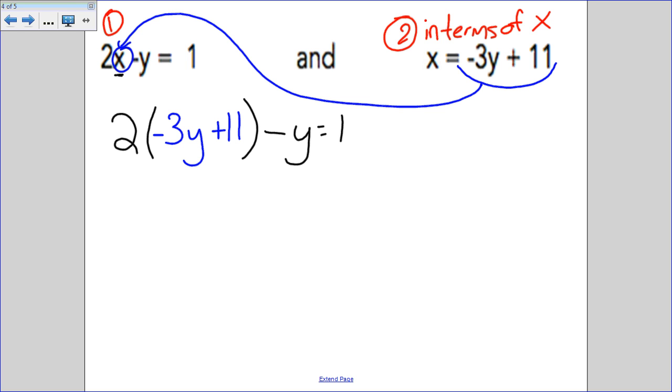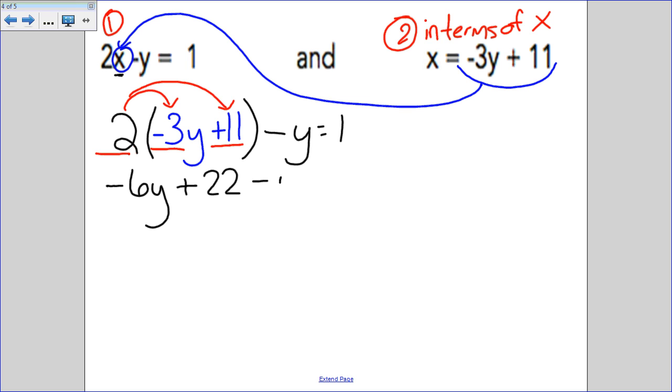We need to distribute. Do you remember our distributing? It's going to both numbers in the parentheses. Watch their signs. 2 times negative 3y is negative 6y. 2 times positive 11 is positive 22. Minus y equals 1.